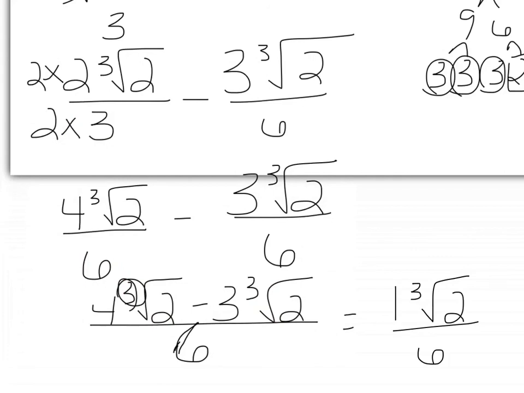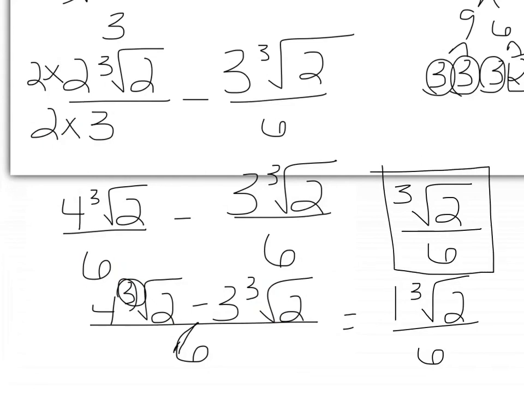We don't normally write the 1, so I'm just going to clean it up and make it the cube root of 2 over 6. Now, don't you dare attempt to reduce this 2 and this 6. You cannot do that. Also, don't get fancy and try to reduce the index with the 6. No. This is the answer. You can't go any further.